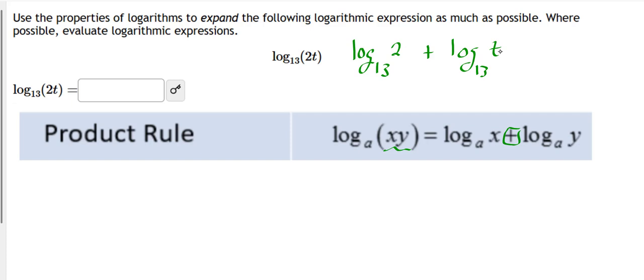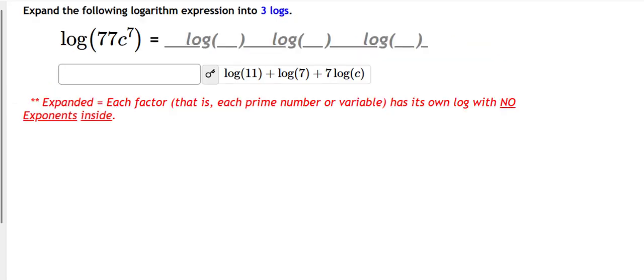Now, let's look at the next one. This one normally would just be two logs, right? We've got multiplication. Normally, it would just be log of 77 plus the log of c to the 7. Of course, we'd move that 7 out to the front like that. But they said each factor prime numbers.